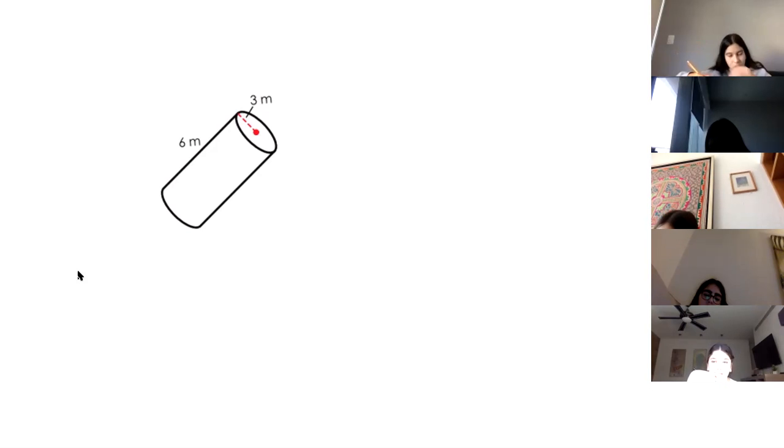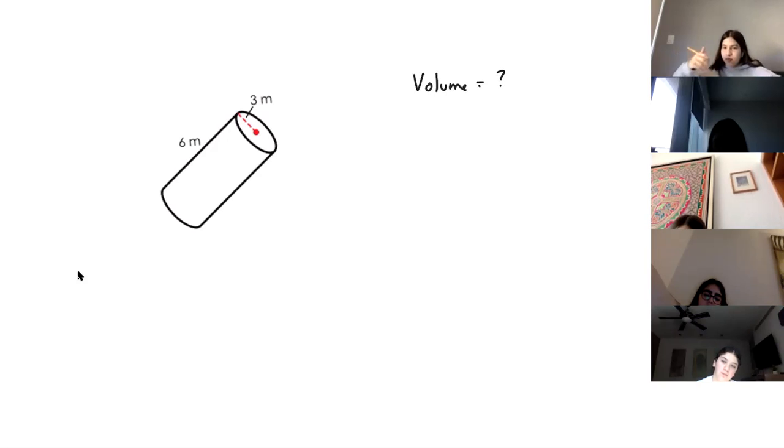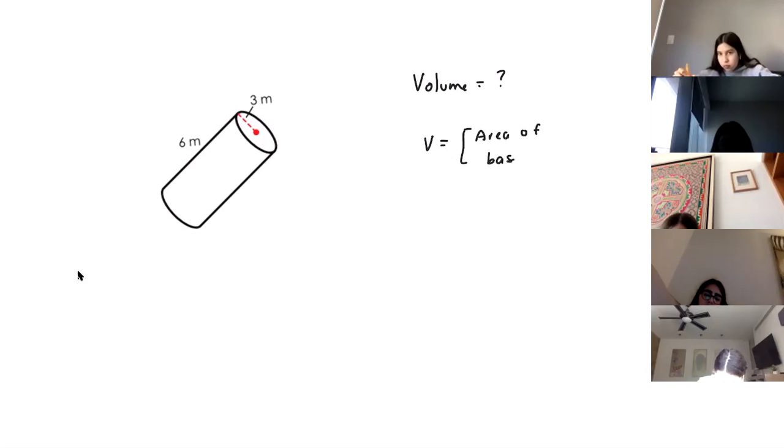Okay, so the same thing. We're going to find the volume of this cylinder. And the formula is volume equals area of the base times height. Teacher, that's also a circular prism. Yes, or cylinder. Better. It's a cylinder.